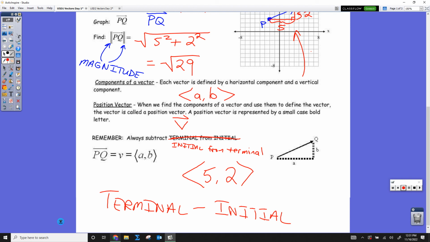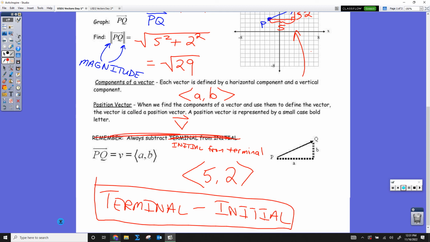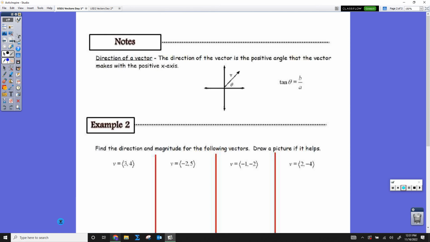Let's just forget that. That's confusing. Just have this in your head: terminal minus initial. I'll just mark all this out. Everybody good with that? Okay, let's not get caught with the prepositions throwing everything off.